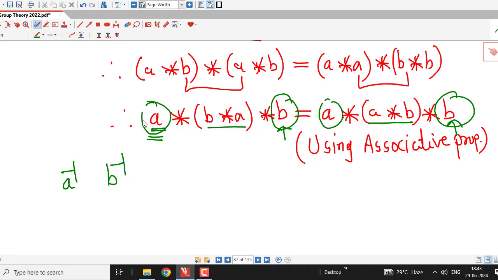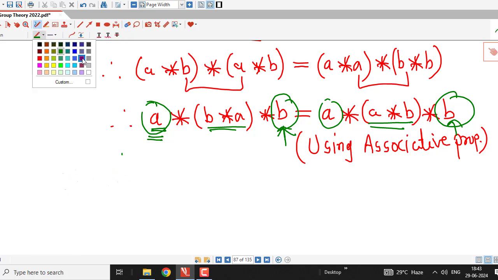If I multiply by A inverse, I will have A inverse star A, that will give me identity. If I multiply by B inverse, I will have B star B inverse, so that will give me identity, and we will be able to prove that B star A and A star B are equal.